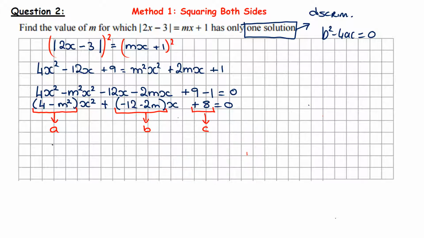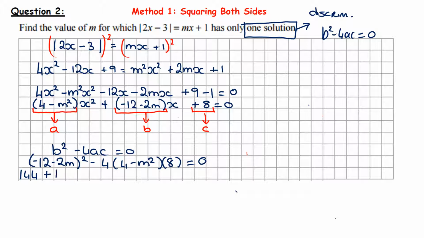So we can use the idea of the discriminant. b squared minus 4ac equals 0. So b squared, minus 12 minus 2m squared, minus 4 times 4 minus m squared times c, which was 8. Working that out, we have 144 plus 48m plus 4m squared, minus 32 times 4 minus m squared, is equal to 0.